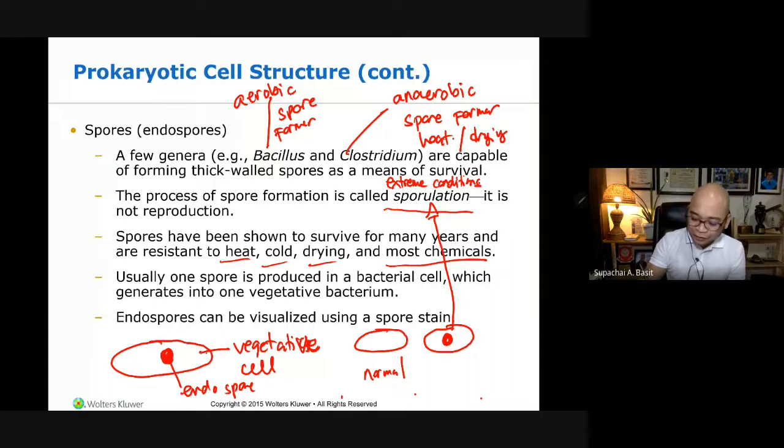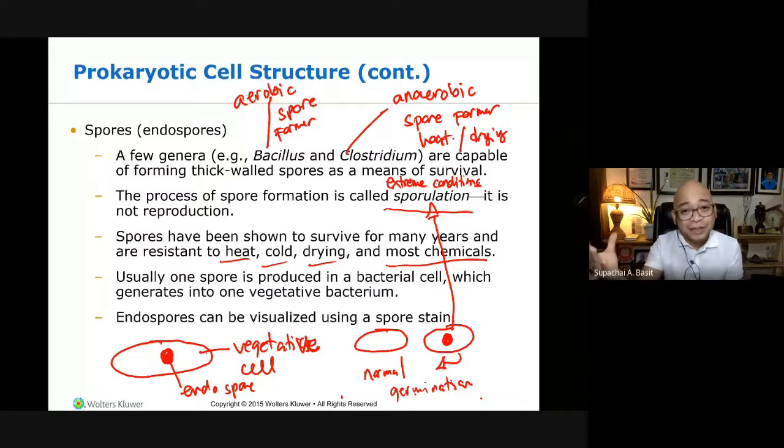If the conditions go back to normal, the spores may be inactivated, and that's what you call germination. Spore formation is called sporulation. But when it goes back to its vegetative cell, we call it germination.